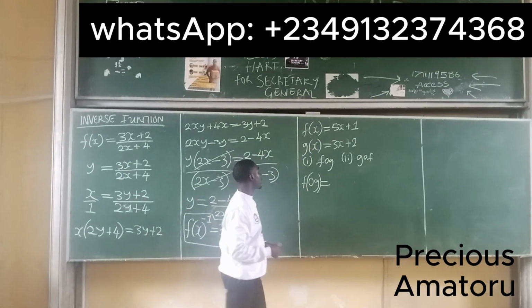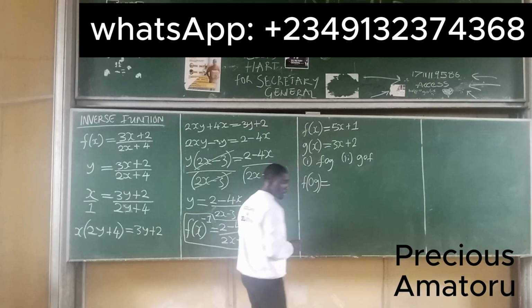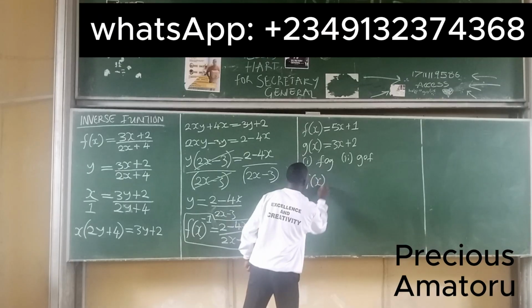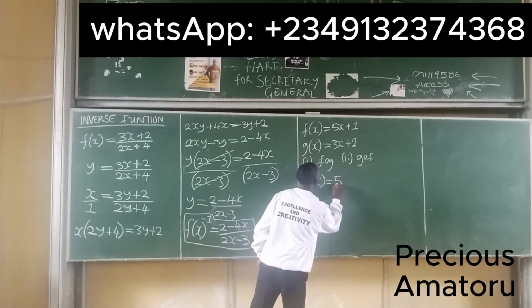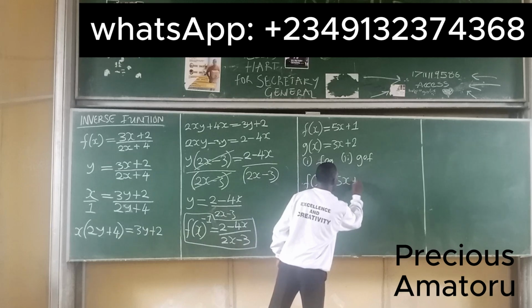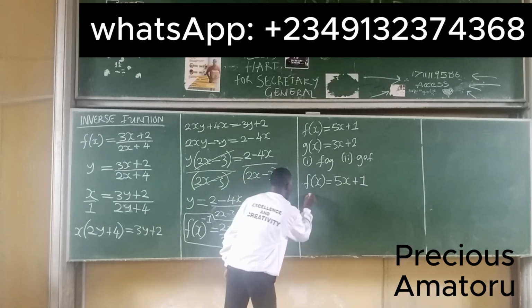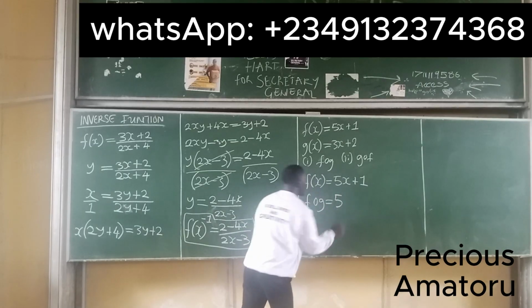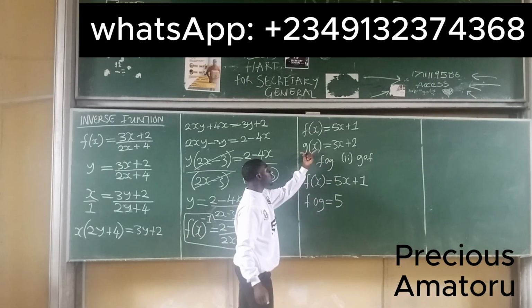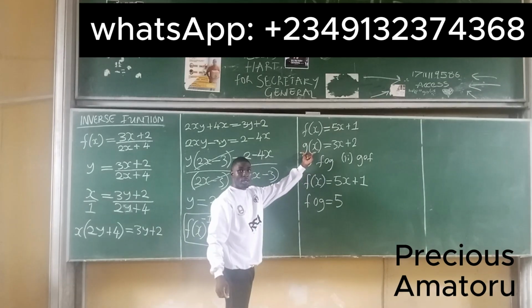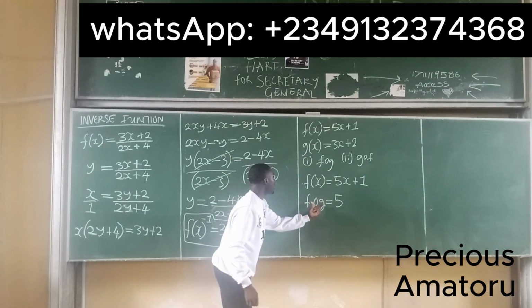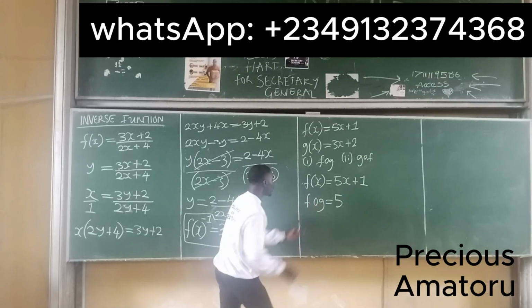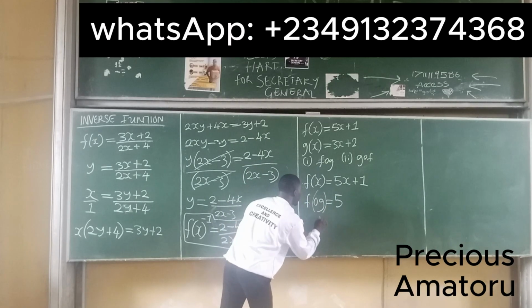So we have f of x as 5x plus 1. F of g will now be 5, and instead of writing x, we put in the expression for g of x.